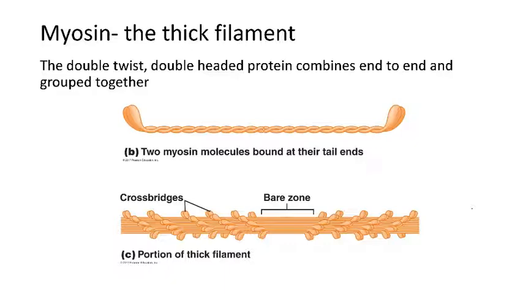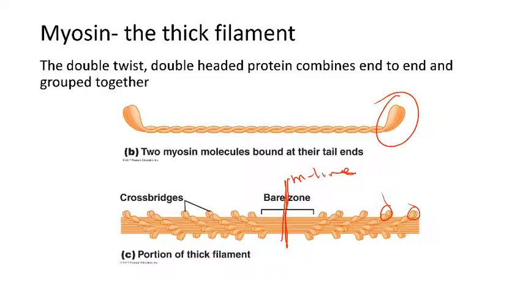And then we kind of bundle them up in a whole group where each one of these pairs is one of this pair of head groups. So we see that the bare zone is in the center of the sarcomere. And what we're going to see is this bare zone actually has a protein called the M line in it.